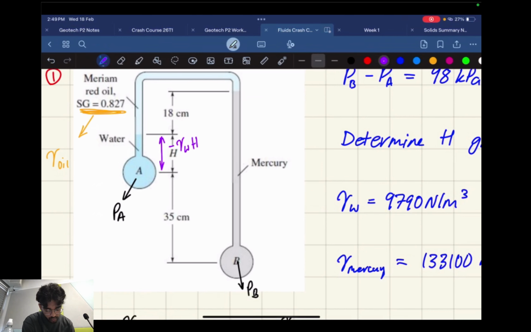Then if we look at the oil, the height difference is 18 centimeters, and we know that it's going to be unit weight of oil times 0.18. I just converted it to meters. Now, by the way, this should be a negative.